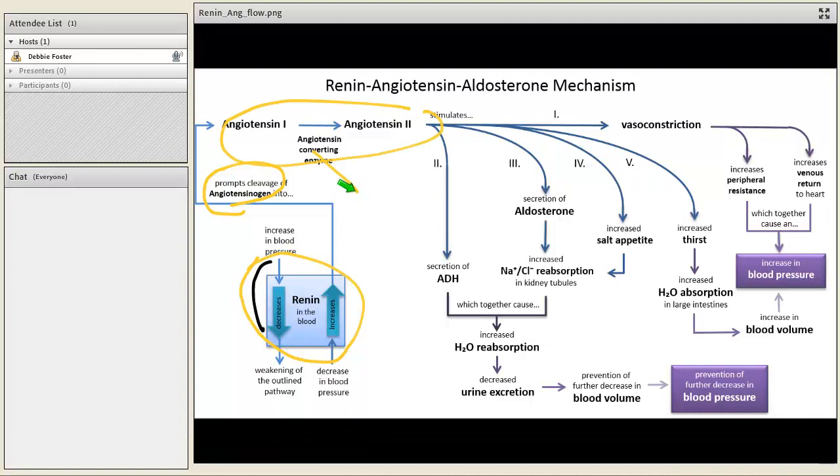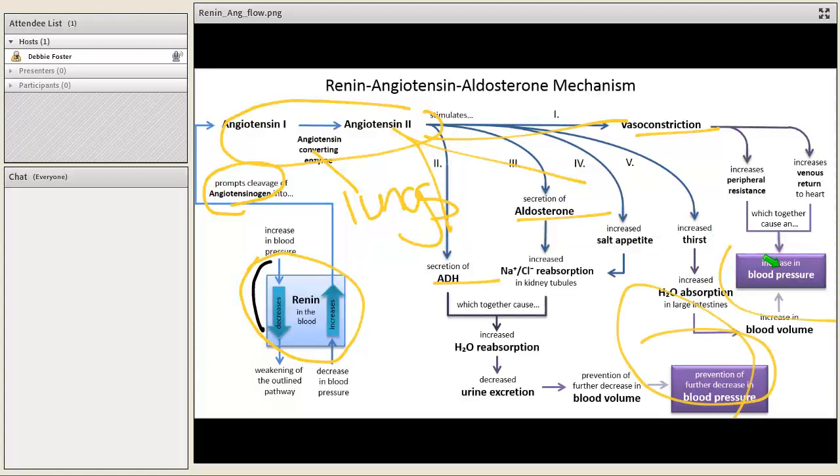Remember, this happens in the lungs. Ultimately, it secretes aldosterone, ADH, and causes vasoconstriction. That's what that does. And our outcome is increasing blood pressure and preventing further decrease, but we mainly want to increase it if it's low. So that's what you're looking at with this big drawing.